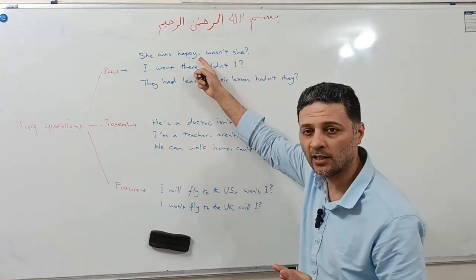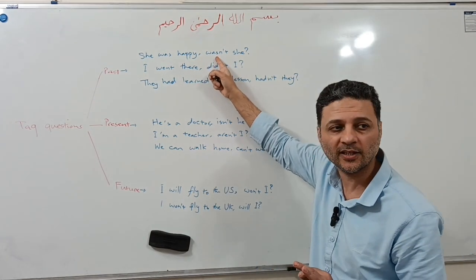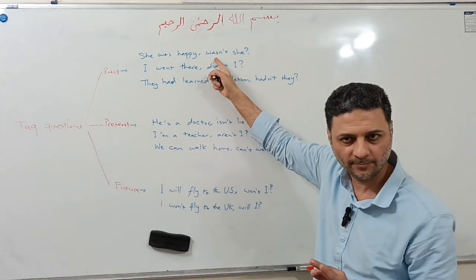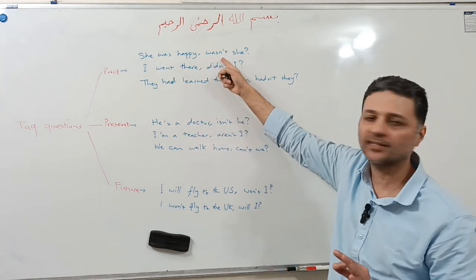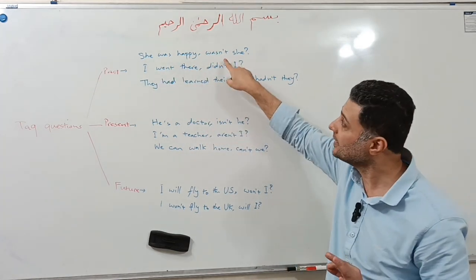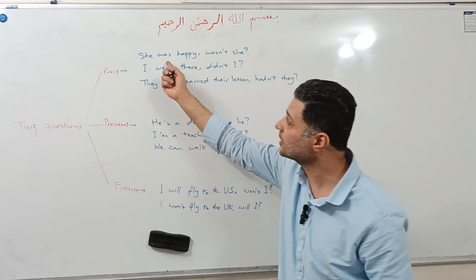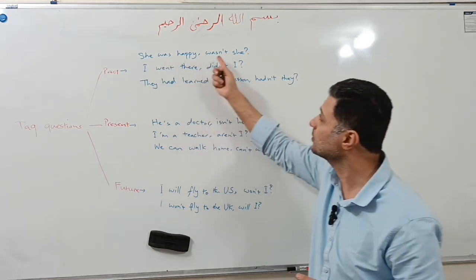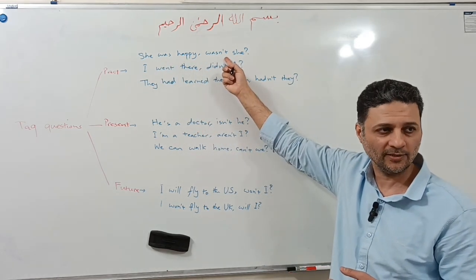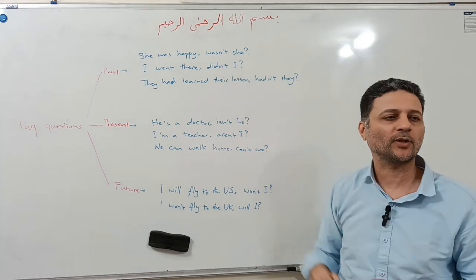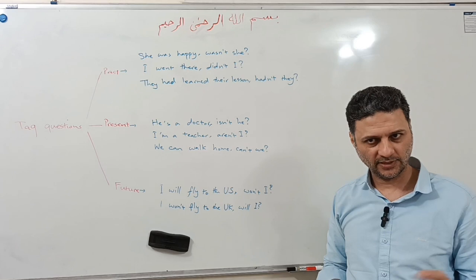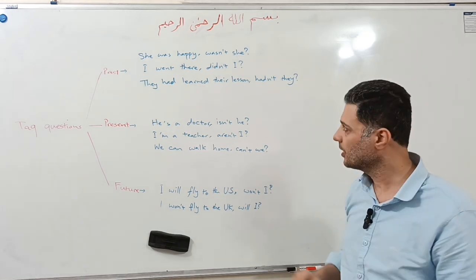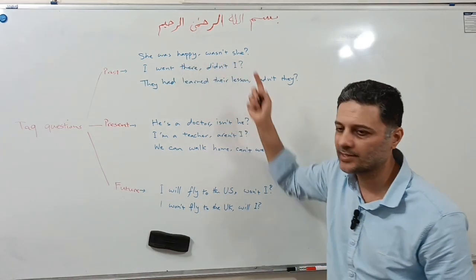So we put a comma and then the auxiliary or modal verb. Whatever auxiliary or modal verb you use in the sentence, you bring it here, but in negative form: you add not to it if the sentence is positive. And after that, we use the subject pronoun: he, she, it, they, we. So, she was happy, wasn't she?